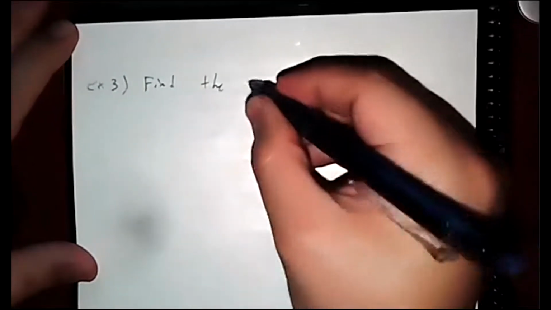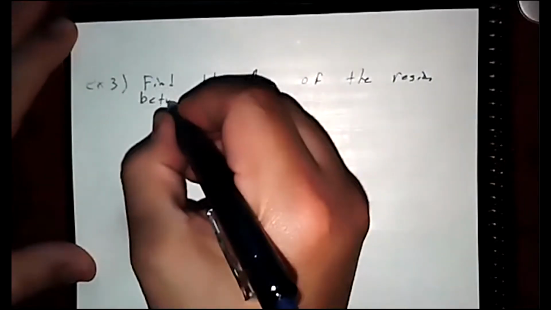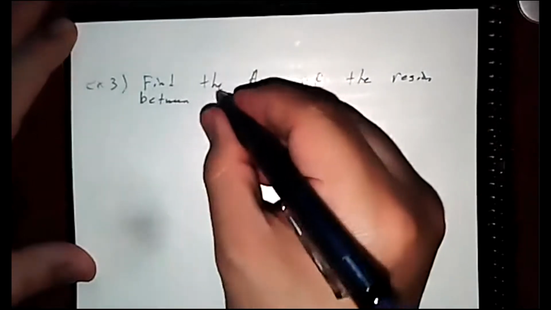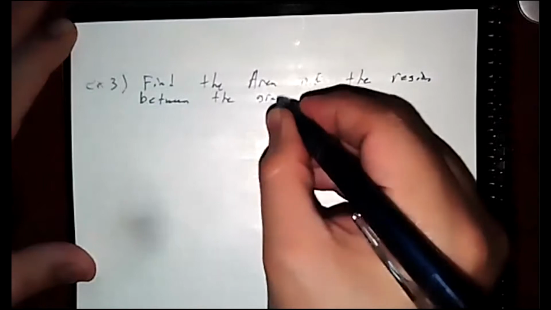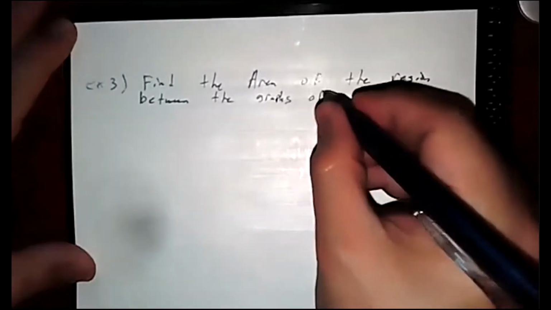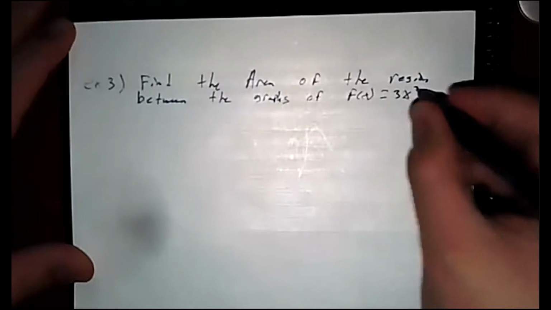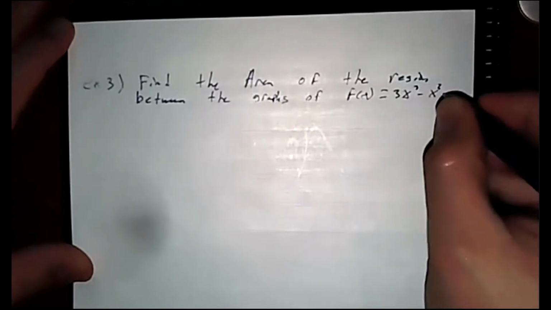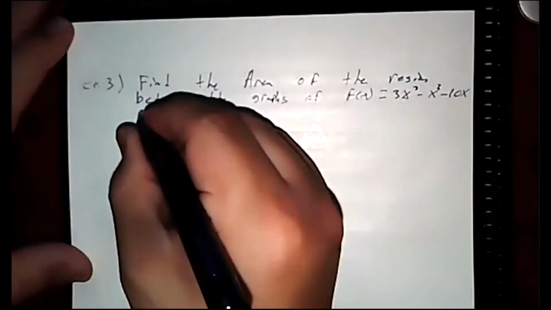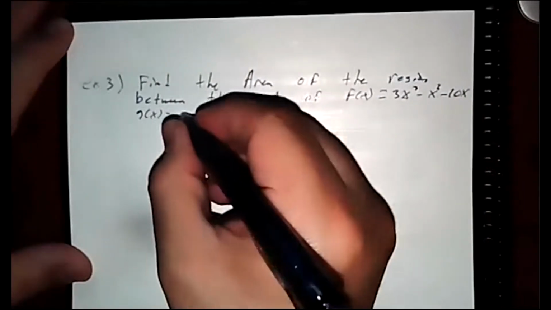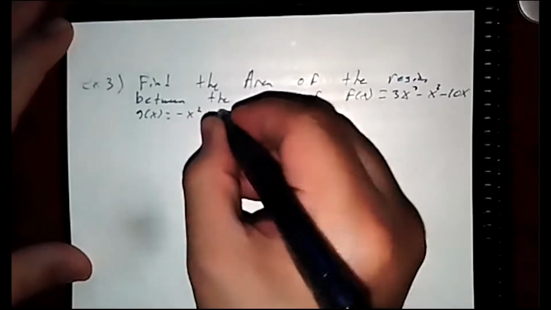Find the area of the region between the graphs of f of x equal to 3x cubed minus x squared minus 10x. g of x is equal to negative x squared plus 2x.